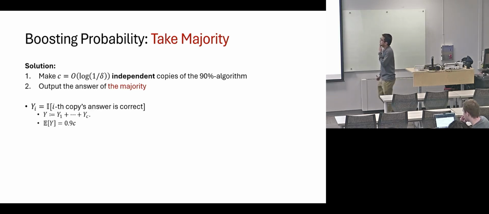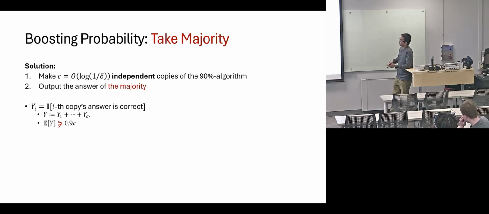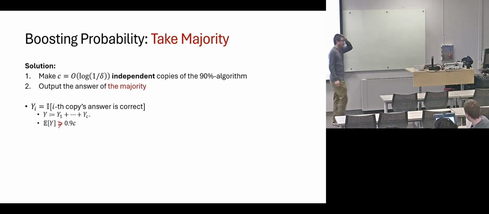I'm just going to use yi to indicate that the ith copy's answer is correct, and let's say that y is the sum of all the yi. So in expectation, y is 90% of all the copies, because each of them is correct with at least 90%. Each of the yi is correct with 90%, so in expectation y is at least 90% times c.